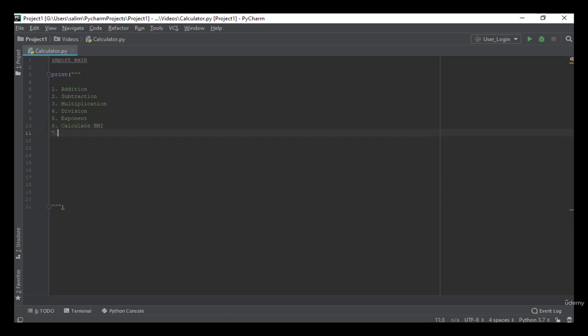Seven, calculate the area of a triangle. Eight, calculate the area of the square. And nine, finding the square root.